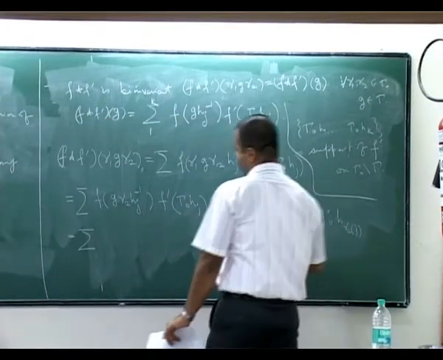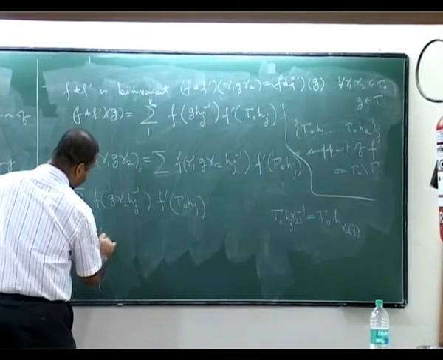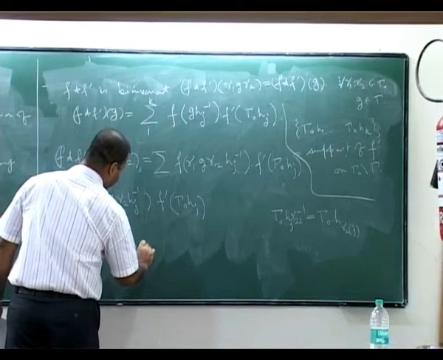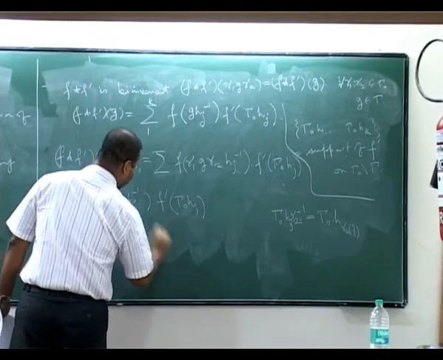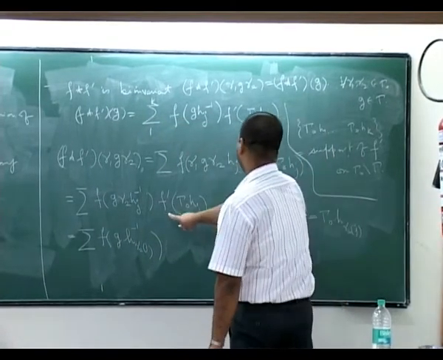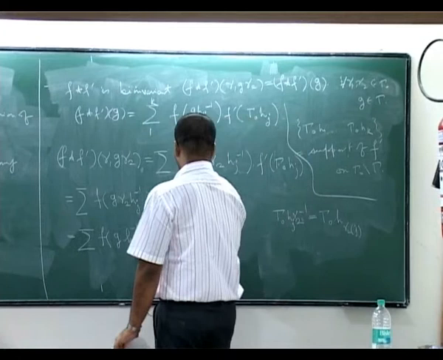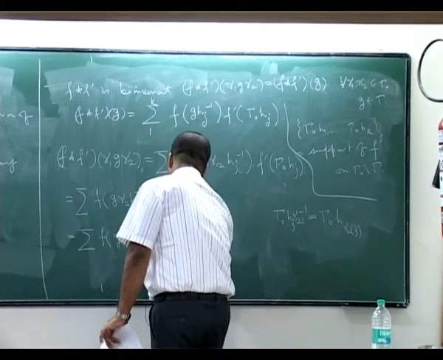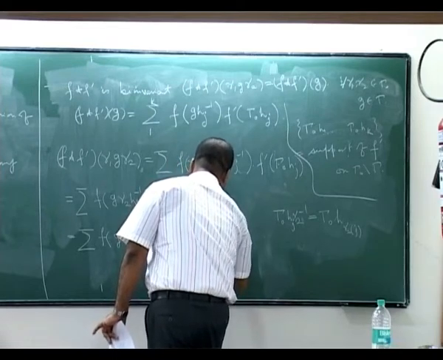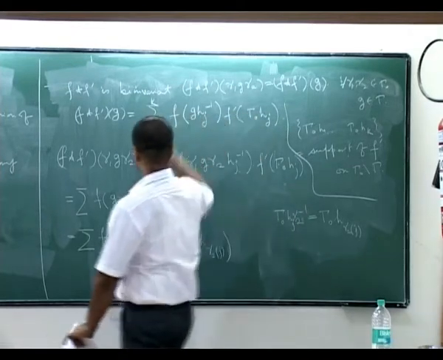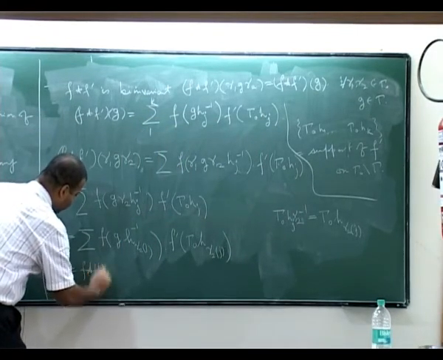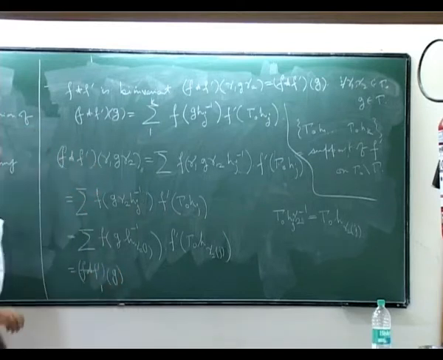Therefore this is f of g h gamma 2j inverse, and of course f prime is bi-invariant. Therefore f prime of gamma naught hj is the same as f prime of gamma naught h gamma 2j. So this indexing set remains the same, and this is the same as f star f prime on g.